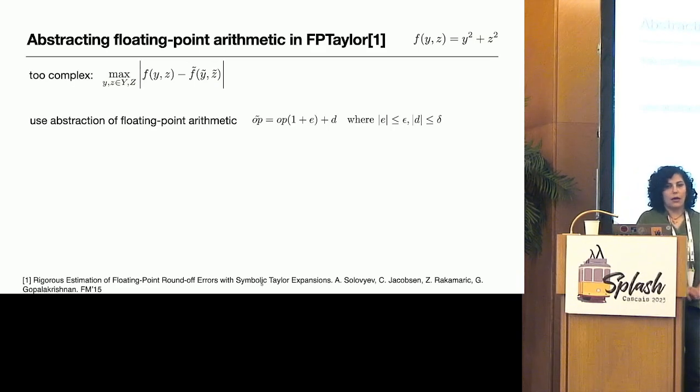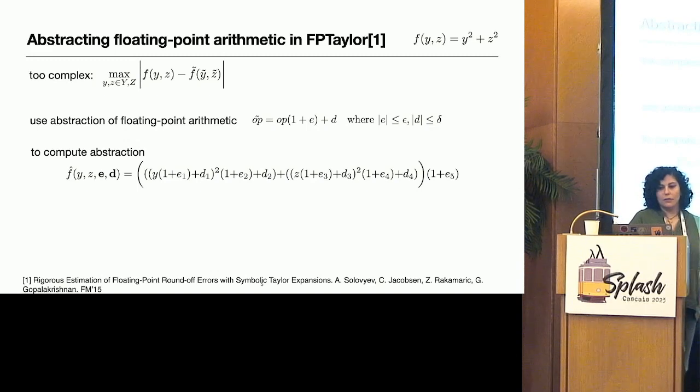Assuming the rounding mode is round to nearest from the IEEE standard 754 for floating point arithmetic, this rounding model holds for floating point values, variables, constants, and operations, where epsilon bounds the relative error e and delta bounds the absolute error for the denormals d.